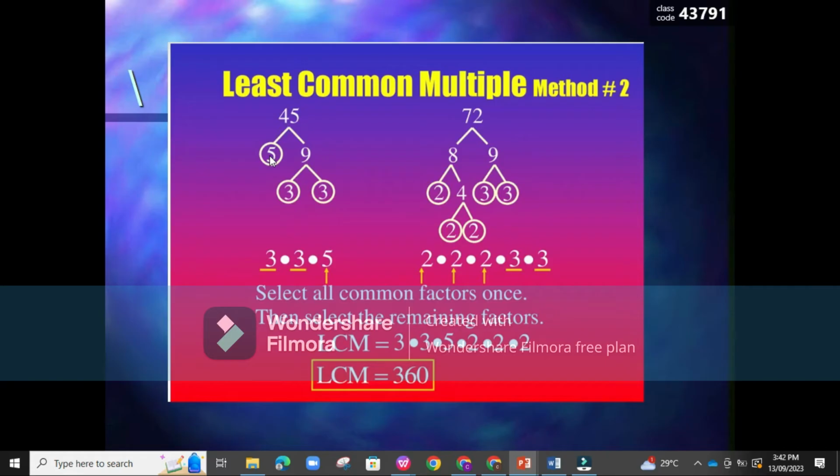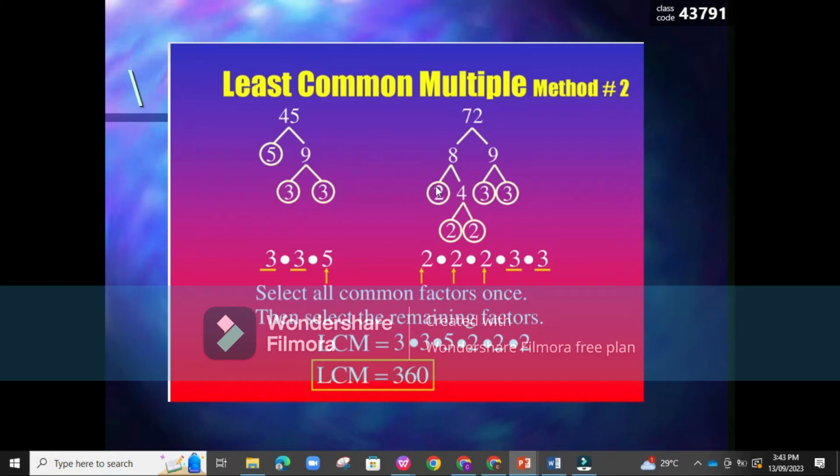72, you have 45. You think of prime numbers that are a factor of 45. So you have here 5. So 5 times 9. And 9 can be factored out with prime numbers 3 and 3. So we have now, arranging it from smallest to greatest prime factors, 3 times 3 times 5. Here, we have 72. Okay? Actually, you can factor it out even with composite factors first, then later on until you come up with the final prime factors.